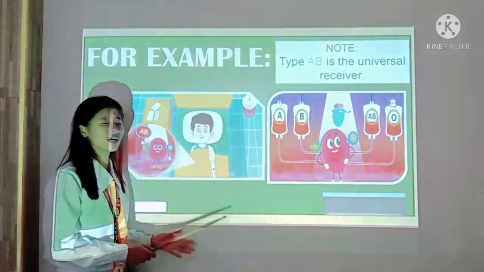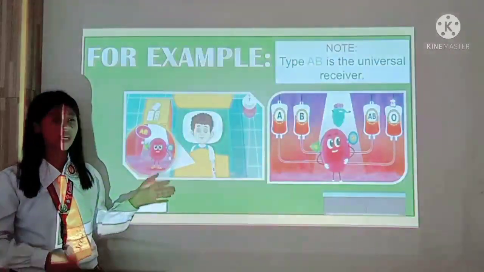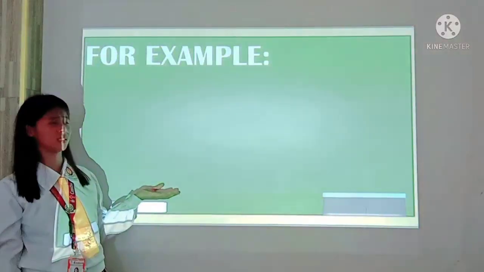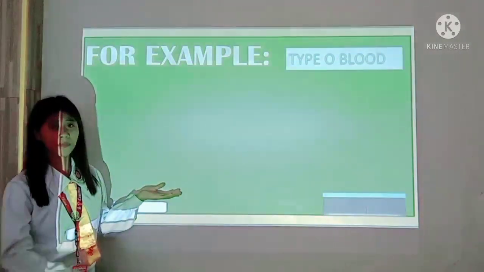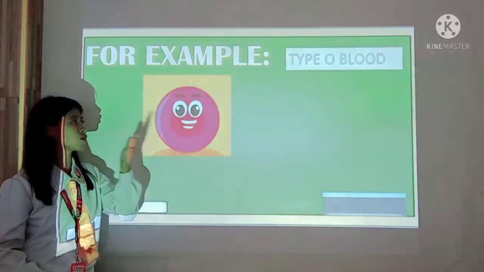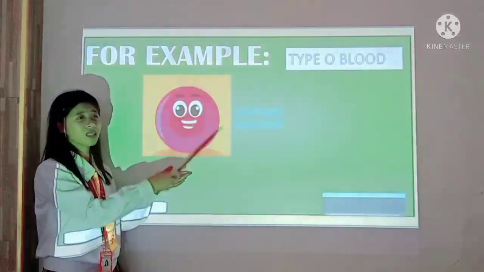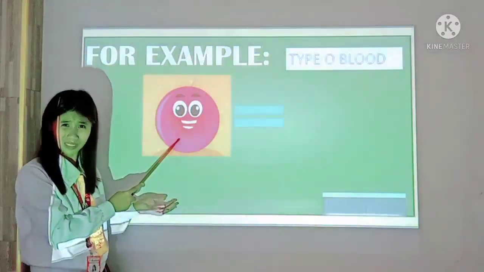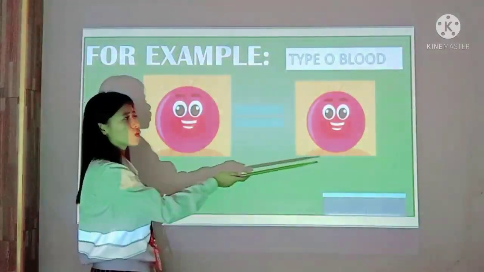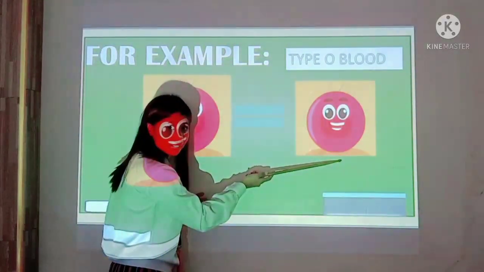How about the type O blood? Okay? Here, another example. Type O blood. As you can see, wala na siyang antigen or Rh factor present in the outermost layer or the surface of the blood. So this is type O blood.